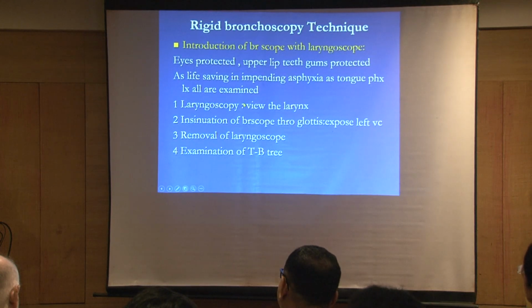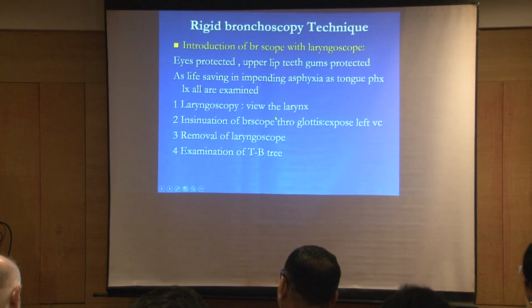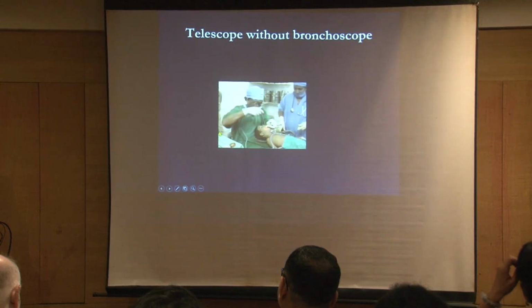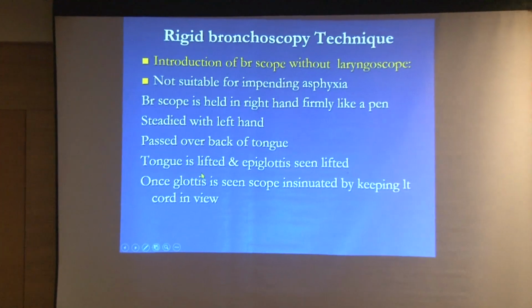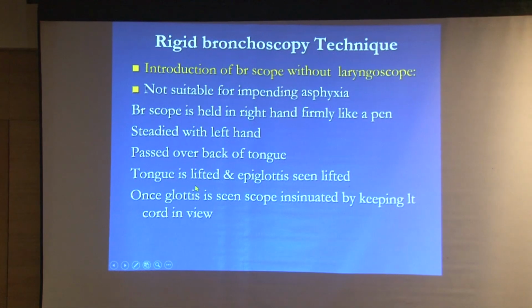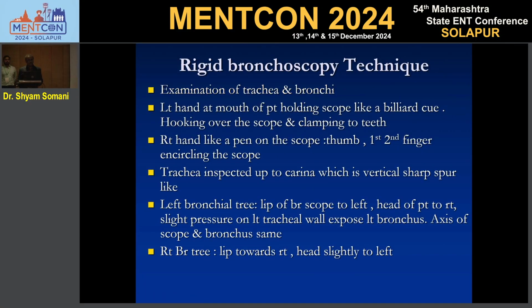So this I told you. This is with or without laryngoscope, you can introduce the bronchoscope. Then the way I told you how to enter the right and left bronchial tree.